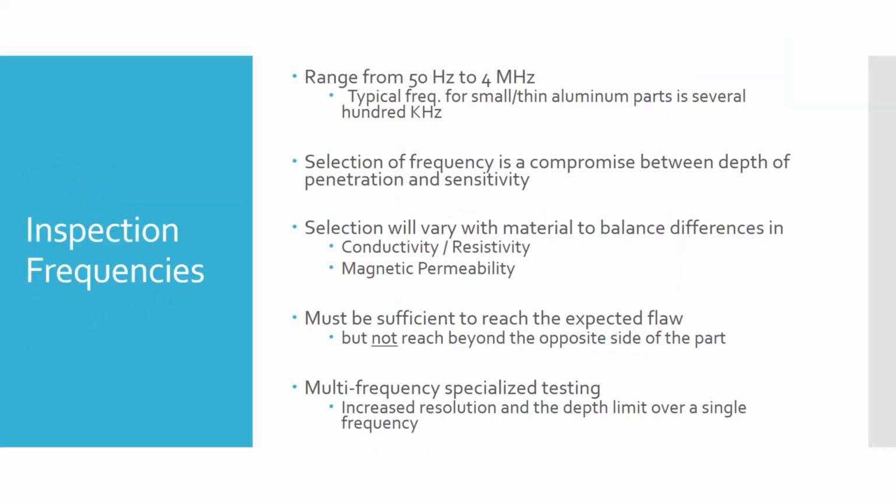So some of these frequencies we commonly run, what will you have to set your tester at? Our testers can run from 50 hertz all the way up to 4 megahertz. 50 hertz is kind of a voice range tone. Anyone heard a speaker ever buzz?